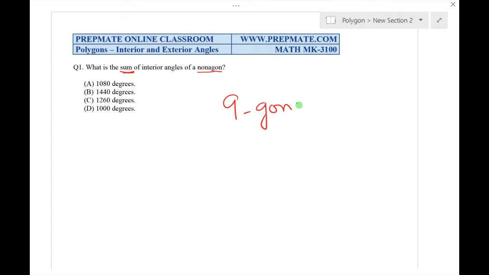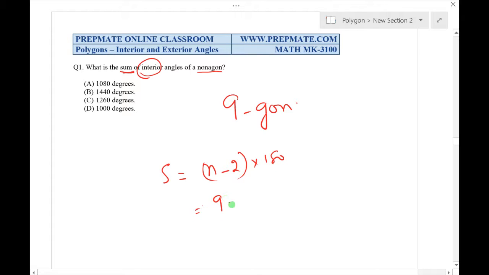First thing is, let's go by the formula. The sum of the interior angles, we are looking for interior angles, is equal to n minus 2 times 180, if you remember this. And therefore, that's going to be 9 minus 2 times 180, which is going to be 7 times 180.